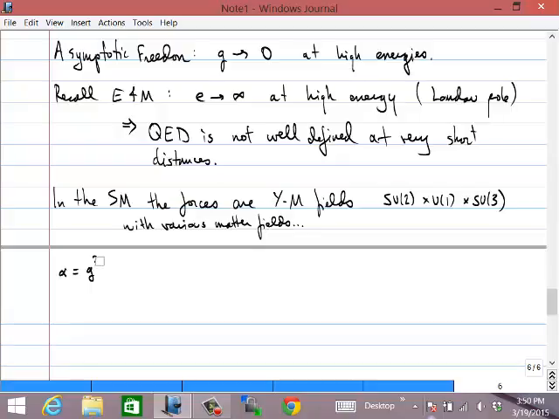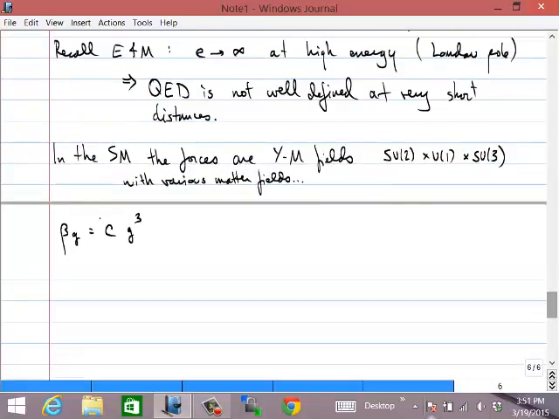But what we saw is that the beta function for the coupling, what was it? Well, it was some constant times g cubed. So you'll trust me, it's times g cubed. Sorry, I missed a factor of g somewhere. Let's not hunt it down. I only have 4 minutes left.